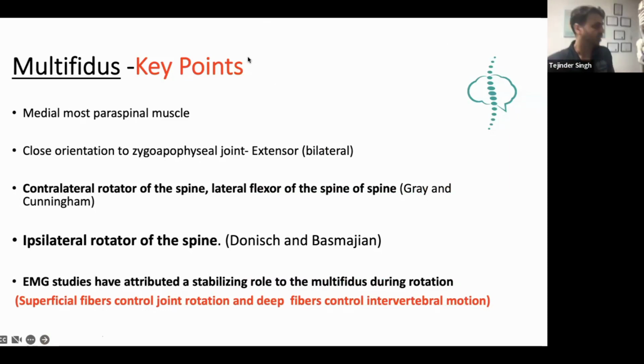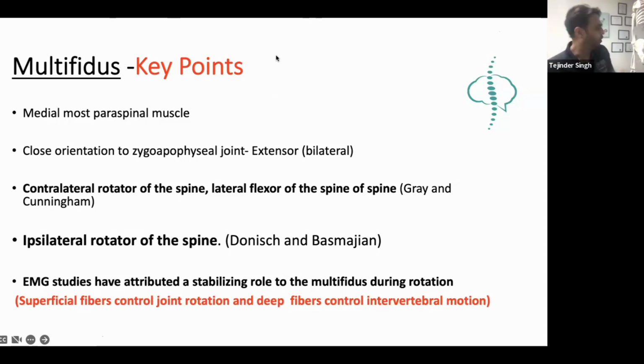This lecture is very focused on lumbar multifidus. We're going to be talking about lumbar multifidus because low back pain is a huge research area, and multifidus has a strong association with low back pain.